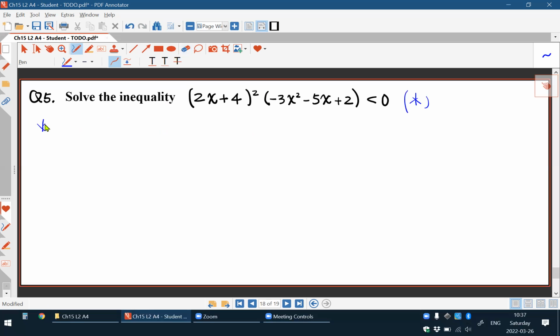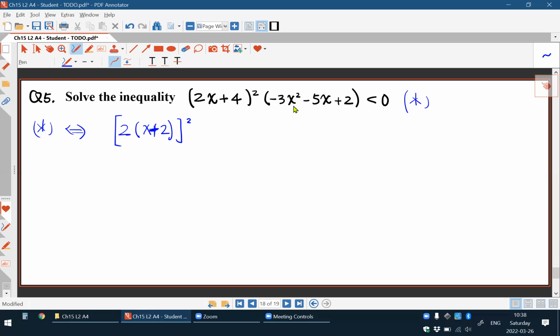Apparently there is a common factor 2 in the first part, so we can put 2 in front, then what's left there is x plus 2, then squared, right?